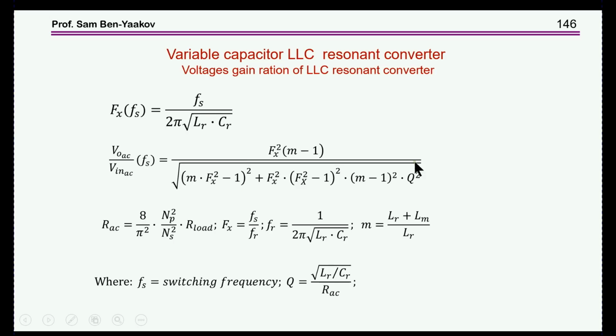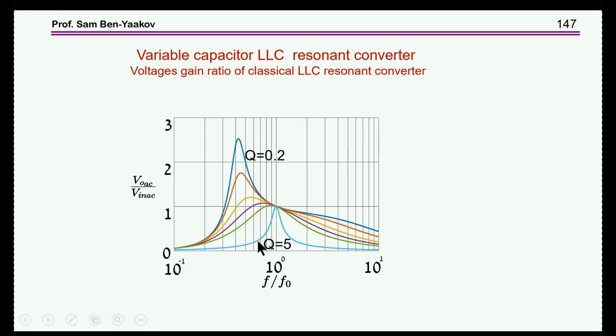And some other parameters like the ratio between the inductors, translating into the DC, etc. So here again, rather than changing the switching frequency, I can change the resonant frequency by the same technique. This is a typical transfer function of a conventional LLC.